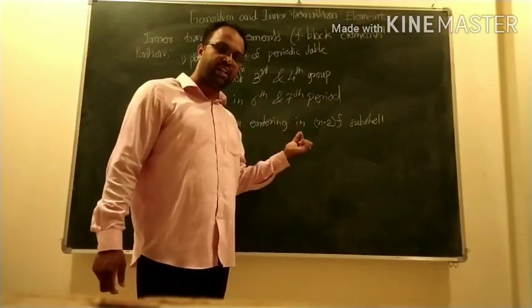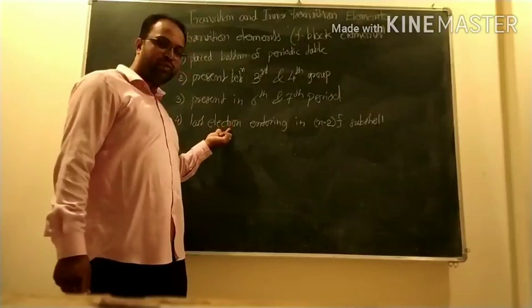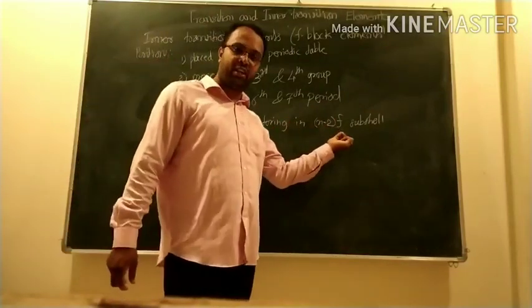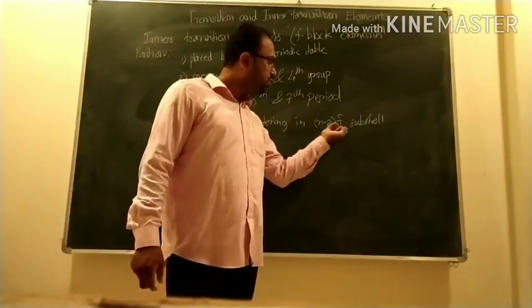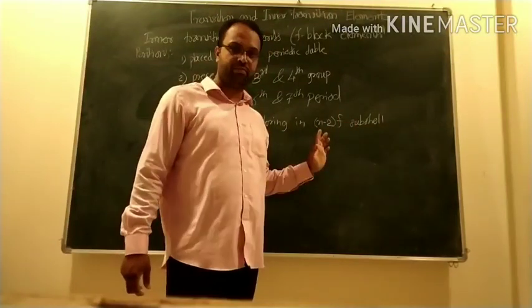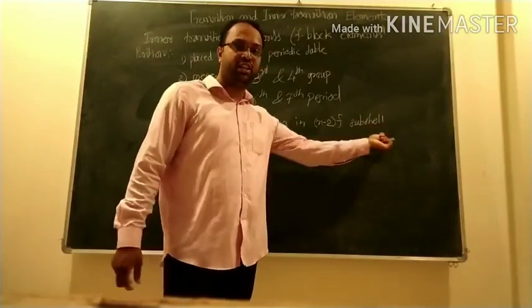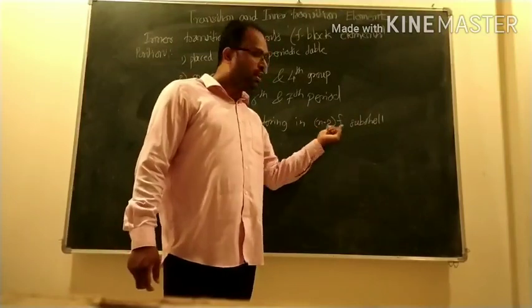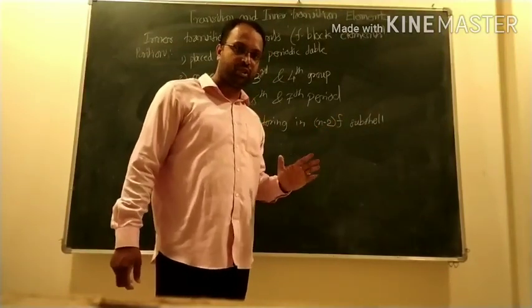So the last electron, that means the valence electron, is placed in the last third shell, the f subshell. Okay?